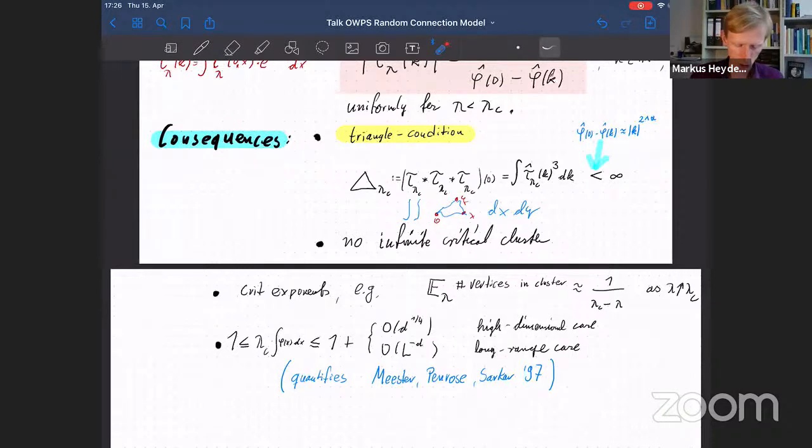And out of this, we also get an asymptotic for the critical point lambda c when the dimension is going to infinity. So that's one way to view this model: you can think of it as one model per dimension, and then you let the dimension go to infinity, and you ask how can you say something about lambda c as d goes to infinity?